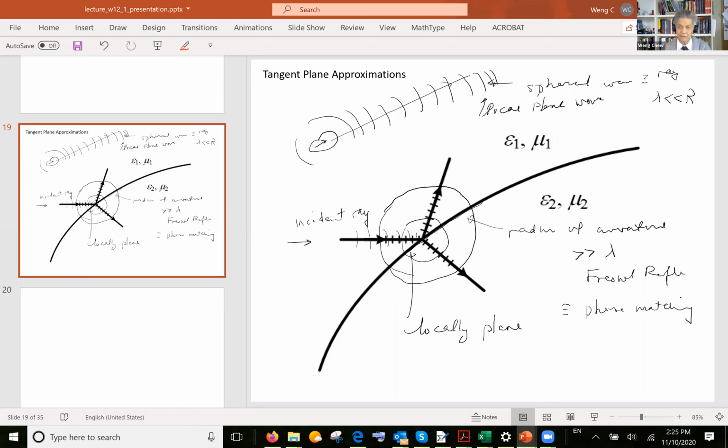Some physicists also call this momentum matching. Momentum matching is the same as phase matching. So you have a phase matching condition here: the reflected local plane wave, the transmitted local plane wave, and the incident local plane wave have a phase match at that interface. Because they have the phase match, they follow a local Snell's law. Does that make sense to you? Or do you have any question on this approximation?